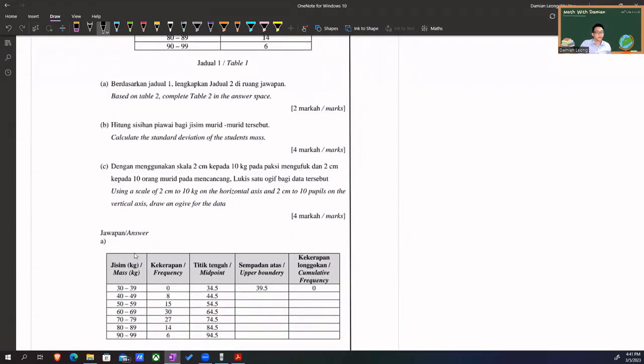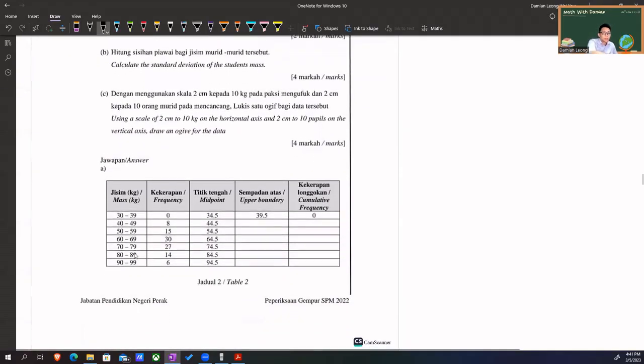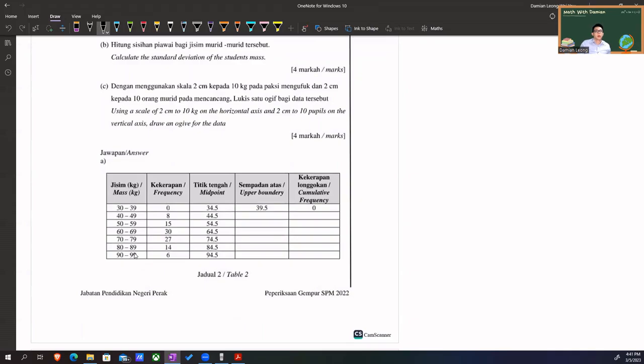So I have mass, frequency, midpoint, then I want the upper boundary, so the upper limit I just plus half: 49.5, 59.5, 69.5, 79.5, 89.5, and 99.5.